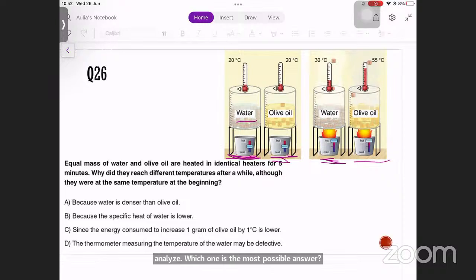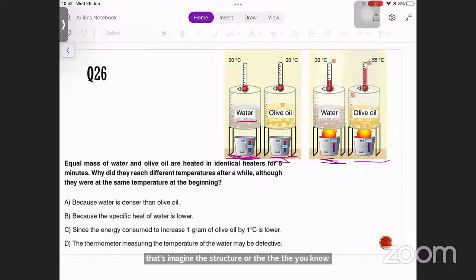Okay, you say A: because water is denser than olive oil. The word dense here means, well, again, we can say pekat. Let's imagine the structure of the water and the olive oil.